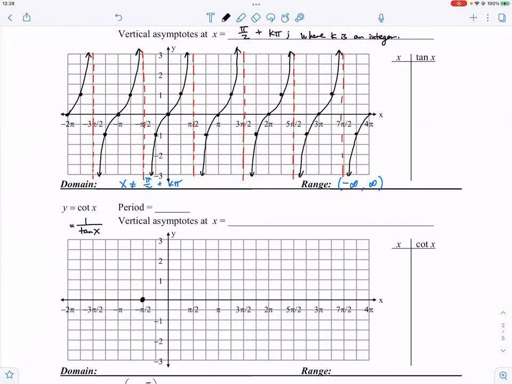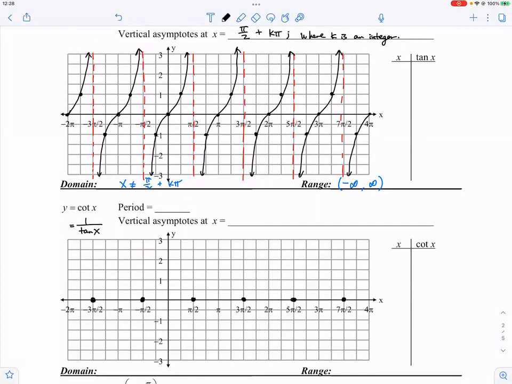Because it was 1 over 0, that makes it undefined, and you do the reciprocal of 1 over 0, that becomes 0 over 1. So every single point where you see a vertical asymptote above translates to a 0 y value for cotangent x.